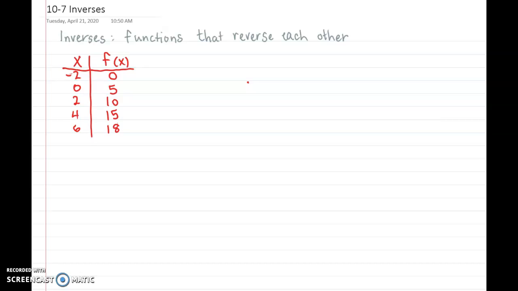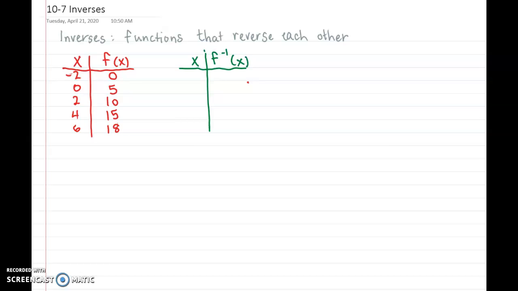If I wanted to go from the table definition of a function to the table for the inverse, this is how I would do it. We have a special notation for inverse, which is kind of weird, and I don't love it. We have a little -1 up here, and that's not an exponent, even though it looks like an exponent. It says the inverse of x.